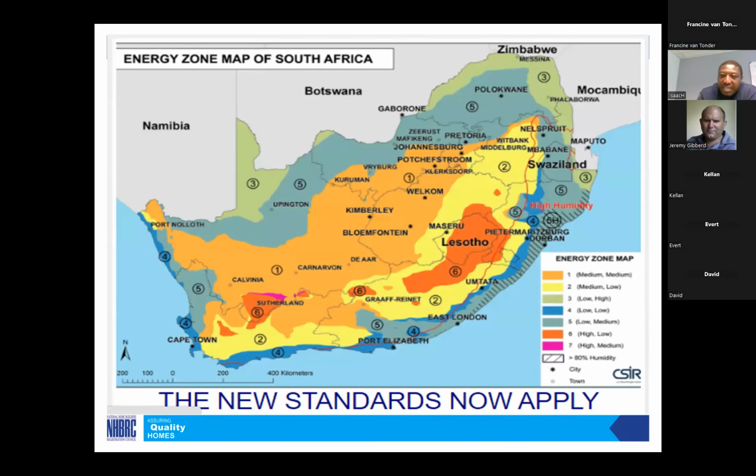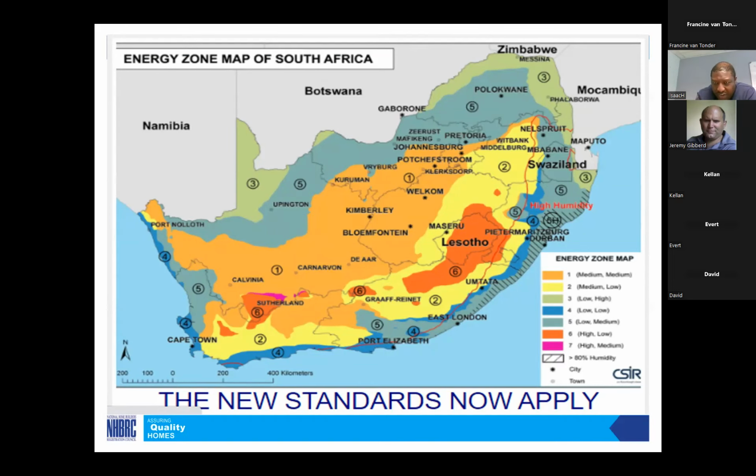It is very important. Look into your climatic zone. Look into where the project is situated in terms of this map. This is at least the latest, if I'm not wrong, which we have added 5H. And if you can look, the climate has changed. If you look at zone 5, Pretoria initially was on zone 2.